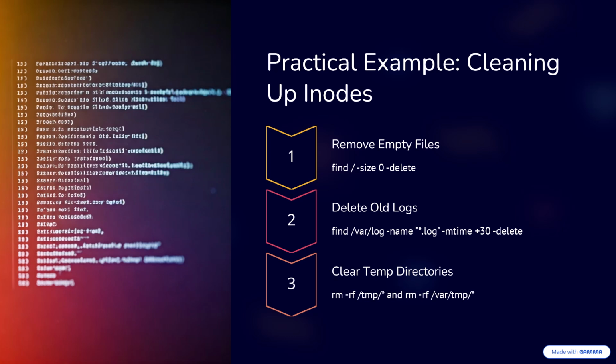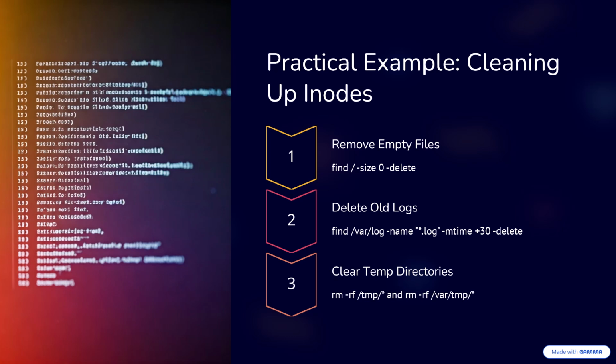Last, this is a practical example of cleaning up inodes. Remove empty files using find slash dash size 0 space dash delete. This is the remove file example. Next one is delete older logs: find slash var slash log space dash name star dot log.